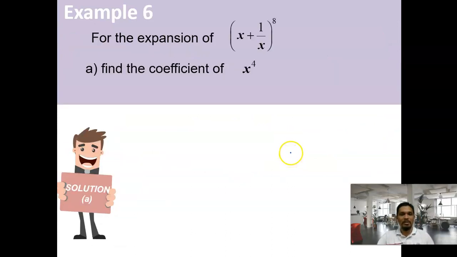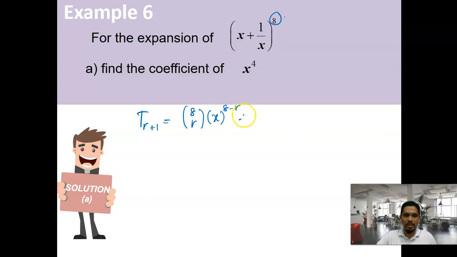Okay, find the expansion of this one here. For the expansion of this, find the coefficient of x to the power of 4. So T_(r plus 1) equals C(8, r), where we got x to the power of 8 minus r, and then 1 over x to the power of r.